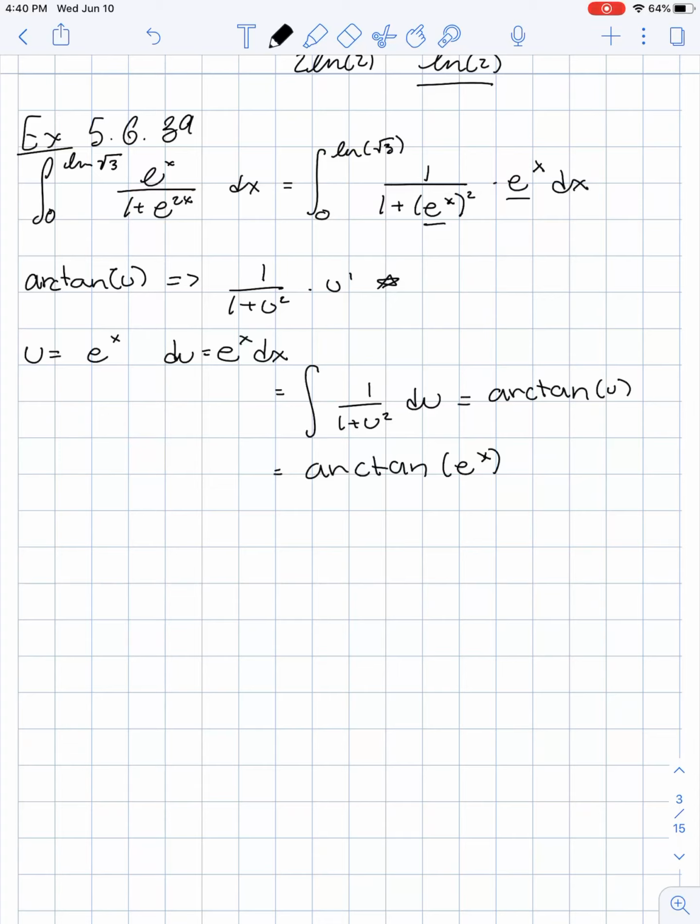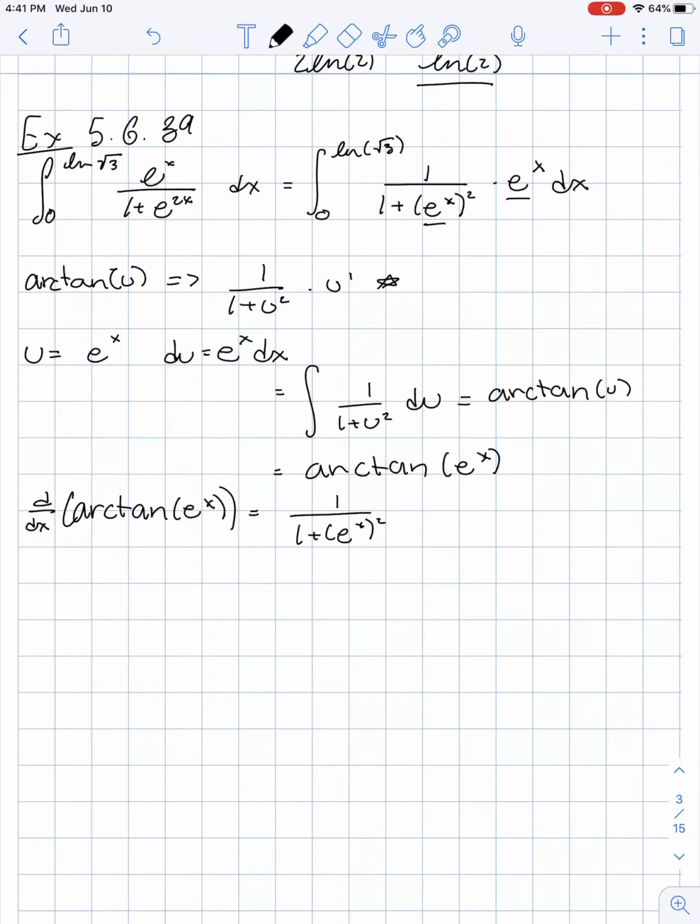Now I'm like, ooh, not really sure if that was right. Okay, well, let's take the derivative of this. I know that arctan's derivative is 1 over 1 plus something squared, something being the inside, so 1 over 1 plus e to the x squared.